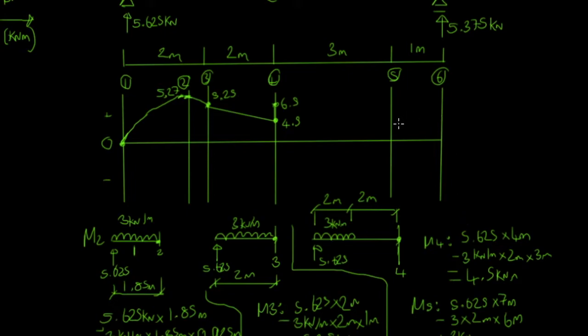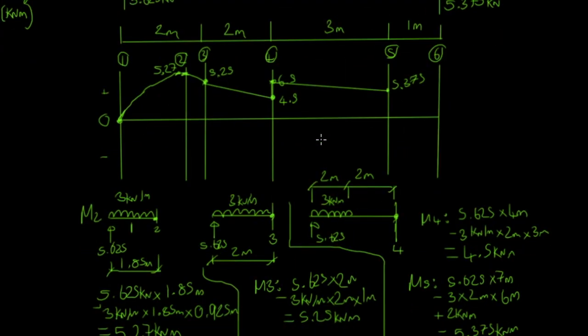So that looks to about here, and that's 5.375, and that's decreasing linearly there. Between 5 and 6, we're going to make a cut at 6 and take everything to the left hand side of it as before.